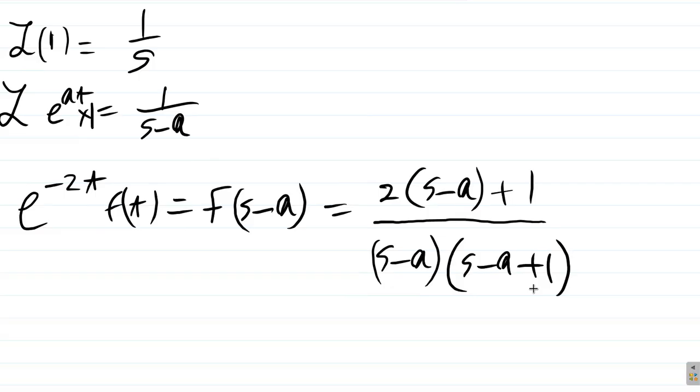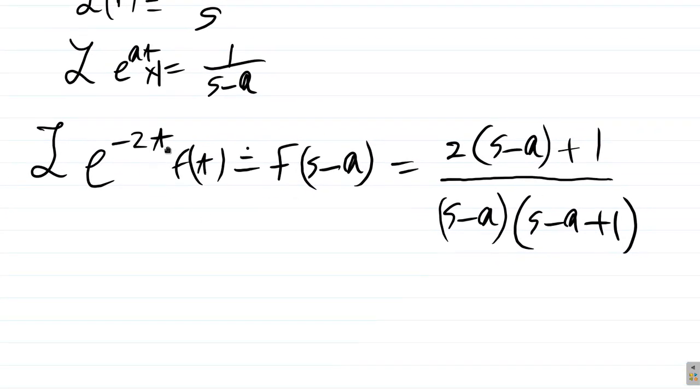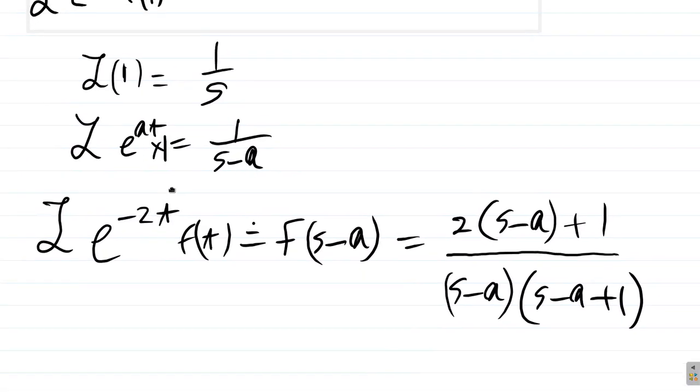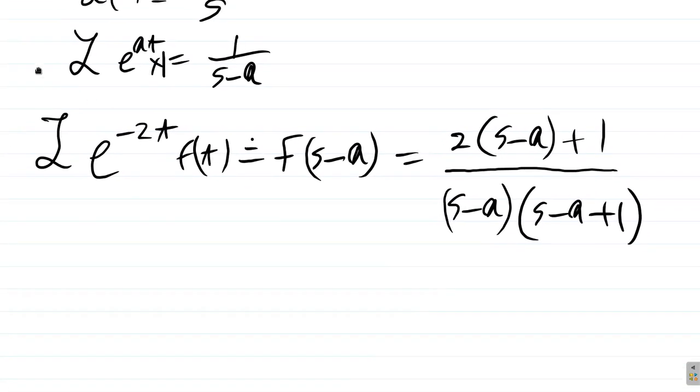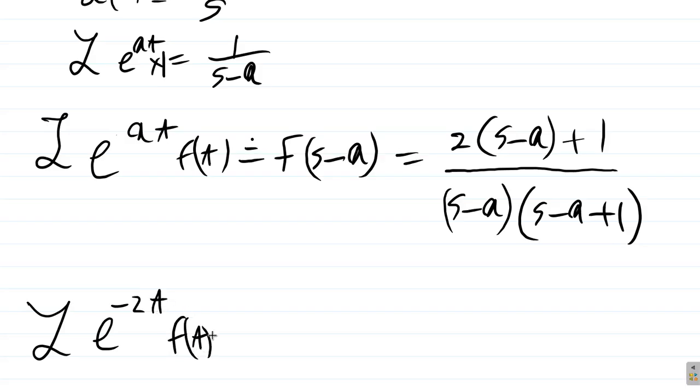Alright, now here is s minus a. But our a is what? Is negative 2. So here it's negative 2. Or what we could do, instead of erasing it, let's rewrite this. Since we have this already, let's put this as a, and then we find out what is the Laplace transform of e^(-2t) f(t)?